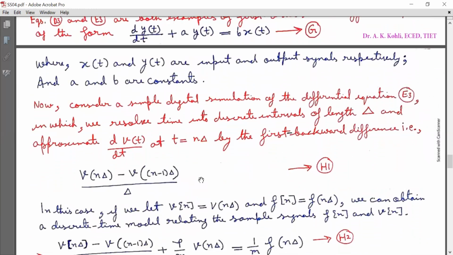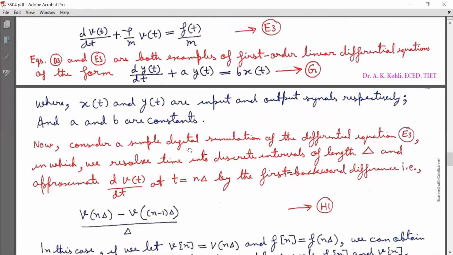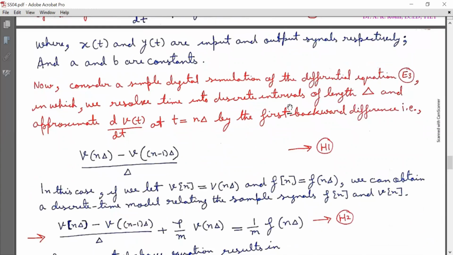Now, consider a simple digital simulation of differential equation E3, in which we resolve time into discrete intervals of length uppercase delta and approximate d by dt of v(t) at t equal to n delta by the first backward difference, that is (v(n delta) minus v((n minus 1) delta)) divided by delta.